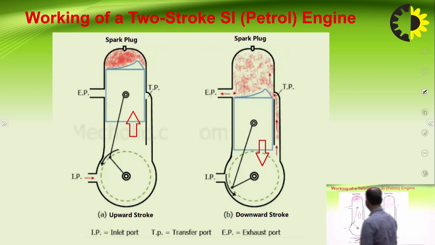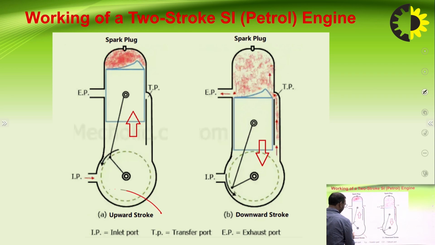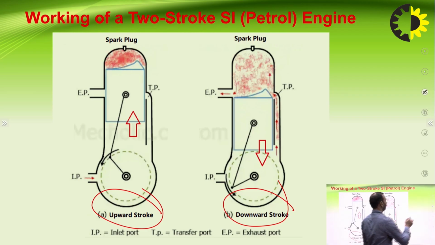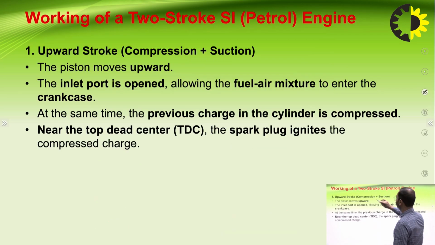So this is a schematic representation of the 2-stroke SI engine. This is the upward stroke and this is the downward stroke. In the upward stroke, there are 2 processes, compression and suction.